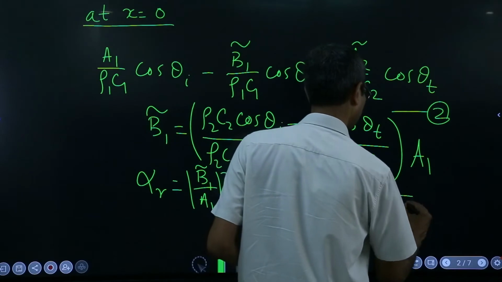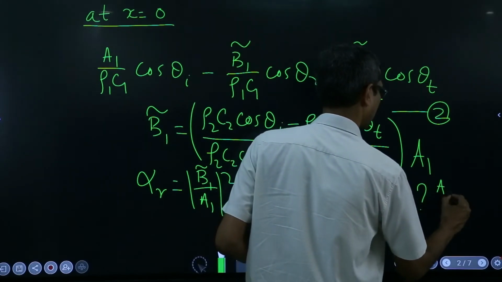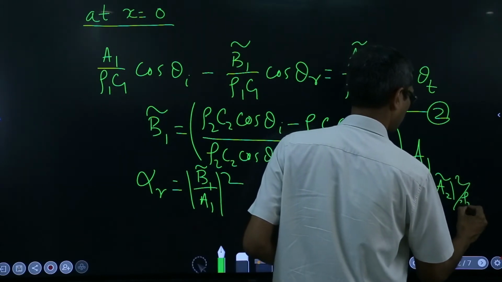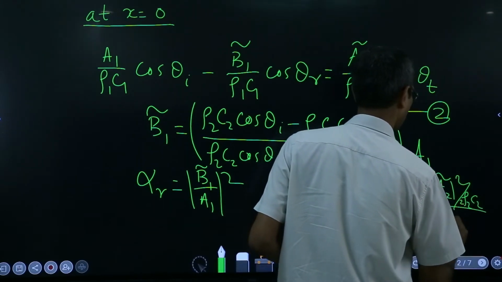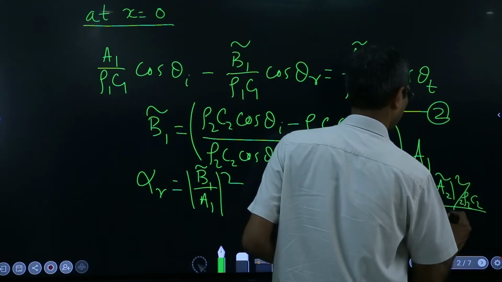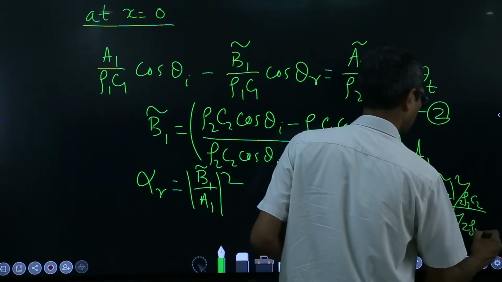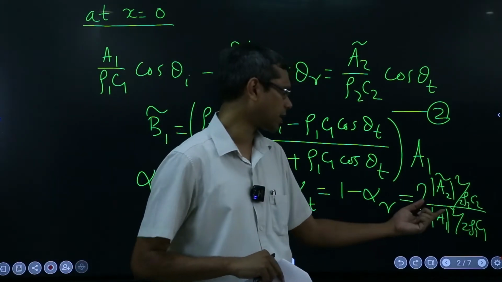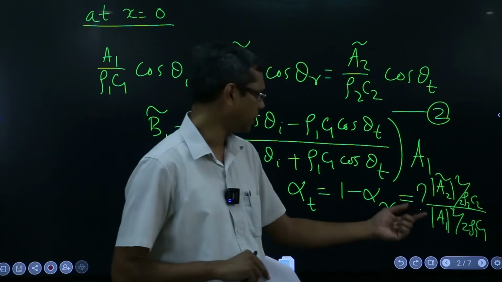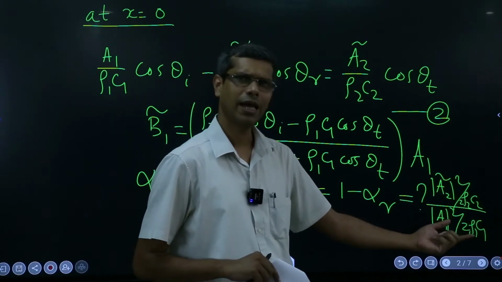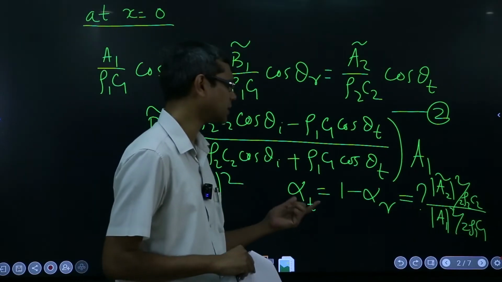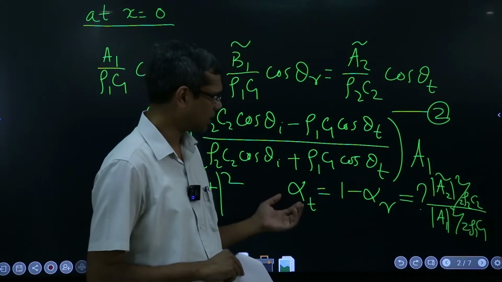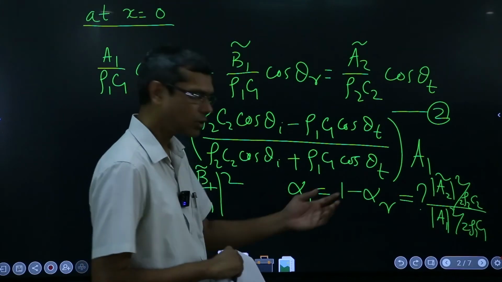Will it be equal to A2 squared over rho 2 C2 over A1 squared over 2 rho 1 C1? So that's the question. Earlier, if you remember, we used this also, and we used this also, and they were the same. But here you won't get them to be equal.